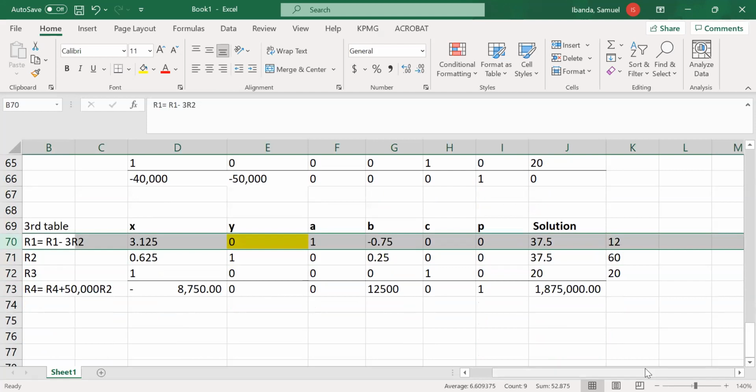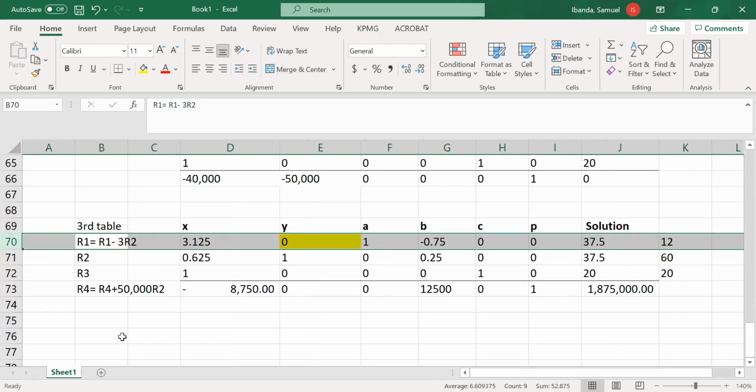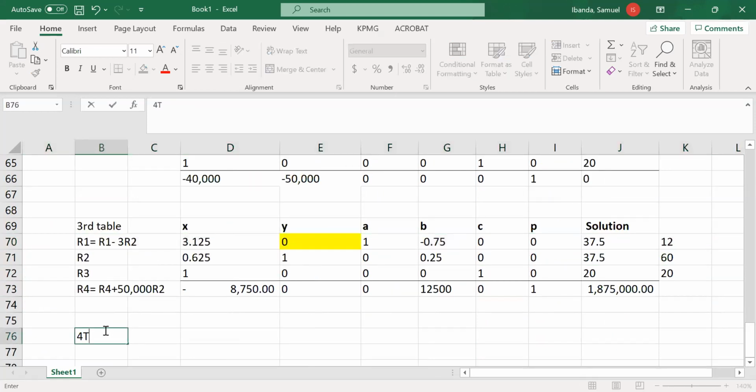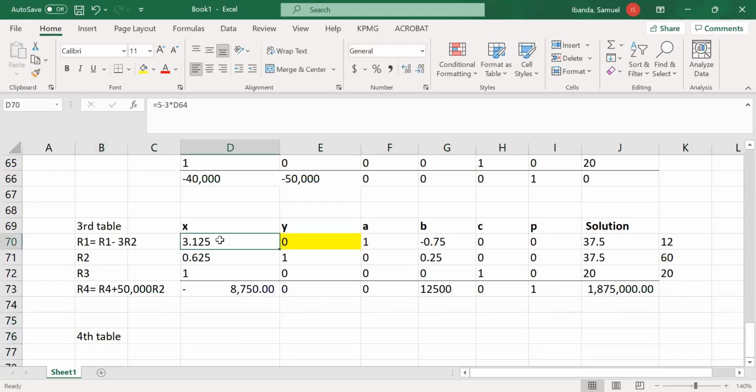So what that means is that for my fourth table, if we are selecting this as our pivot point, we have to make that one 1.